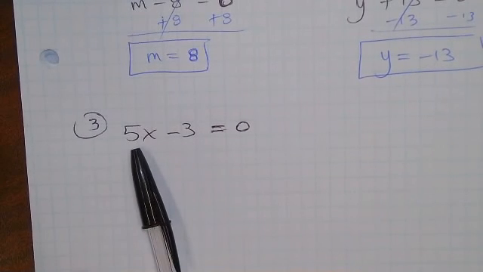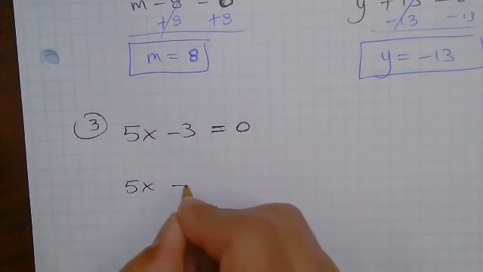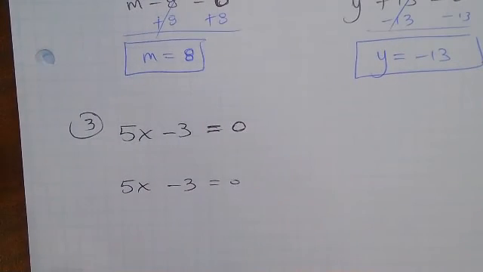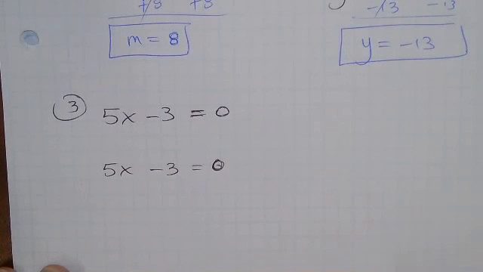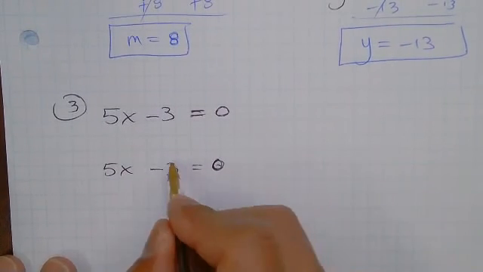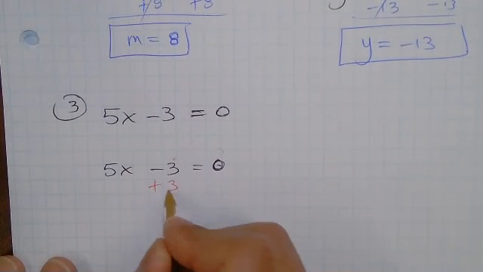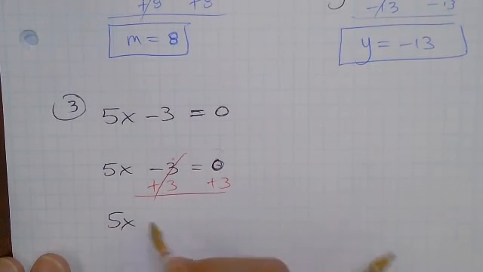There is still a value for x that works. So how would you solve it? Can somebody talk to me here? What would you do? Wouldn't you move this 3 to the other side or do plus 3, right? So we're left with what?